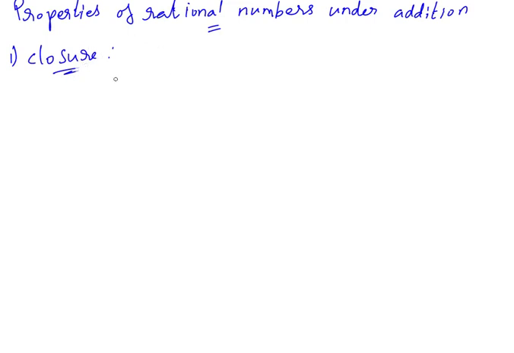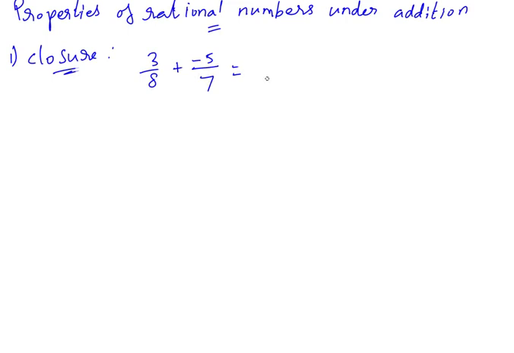What is closure property? If we take two rational numbers, suppose 3 by 8 and minus 5 by 7. 3 by 8 is a rational number, minus 5 by 7 is a rational number. If we add these two rational numbers, what sum are we getting?